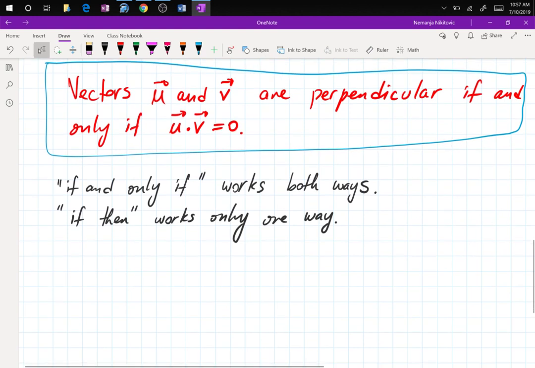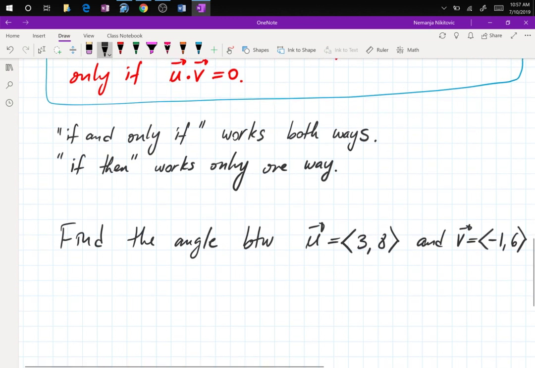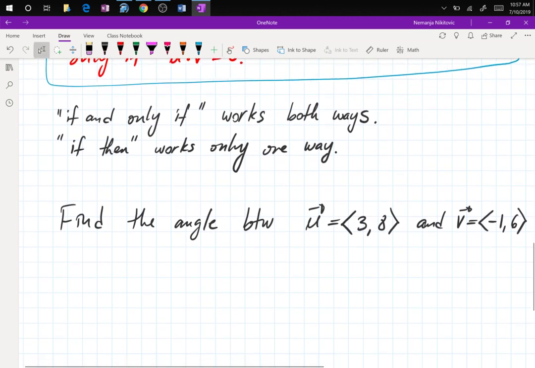Okay, so I will ask you to, real quick, find the angle between vector u as 3, 8 and vector v negative 1, 6, whatever. Now the answer is going to be probably disgusting decimals, and you are allowed to give the answer in degrees.